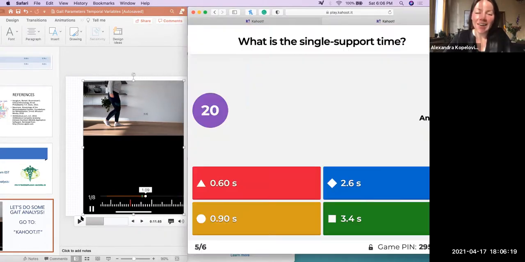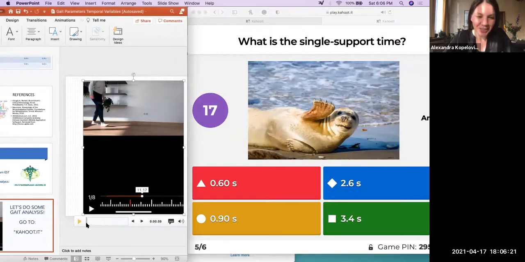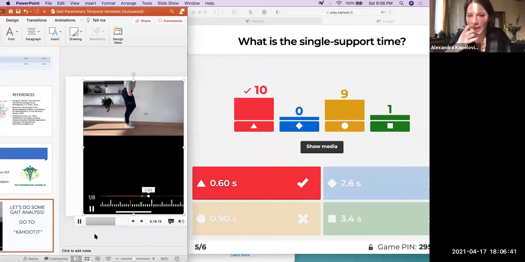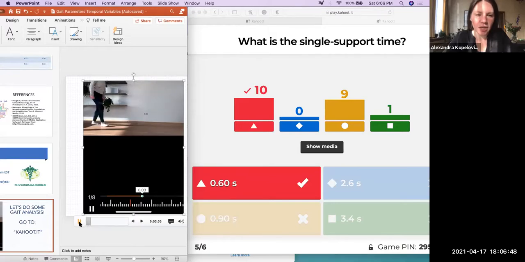Okay, what is the single support time here? Gotta play the video. Single support time for the right low extremity. All right, and the majority got it right. It's 0.6 seconds. So once again, how do we calculate single support time? It's a little bit trickier because here you have to do math.